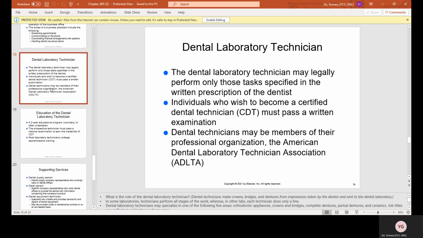The dental laboratory technician may legally perform only those tasks specified in the written prescription of the dentist. Individuals who wish to become a certified dental technician, or a CDT, must pass a written examination. Dental technicians may be members of their professional organization, the American Dental Laboratory Technician Association, also known as the ADLTA.